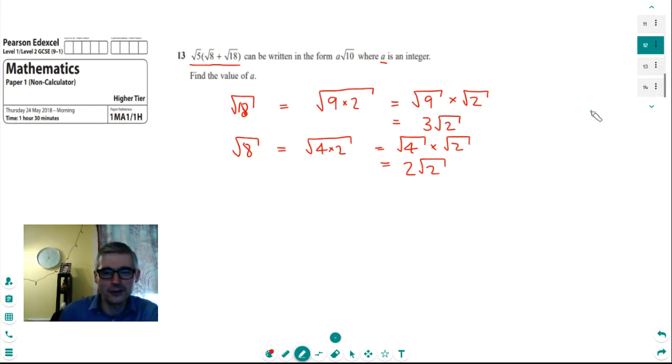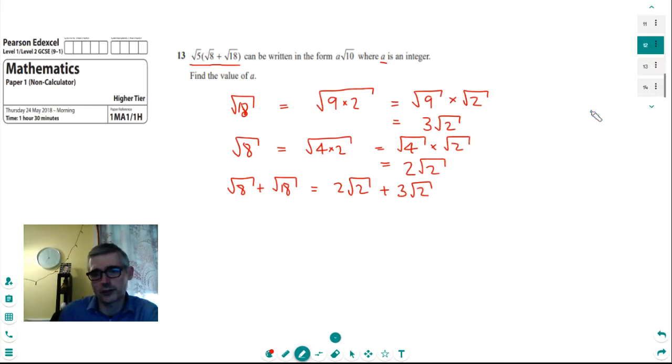Now, from there, we can work out that the bracket will be simpler, because we can take the root 8 plus the root 18, and we can say that's going to be 2 root 2 plus 3 root 2.